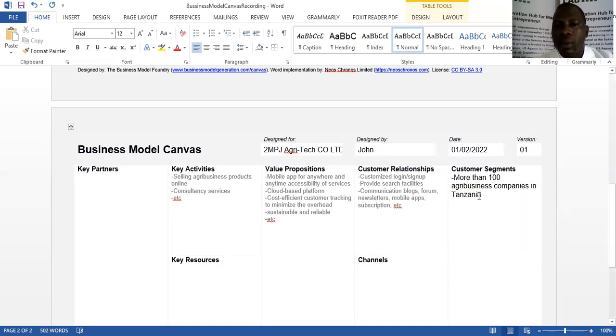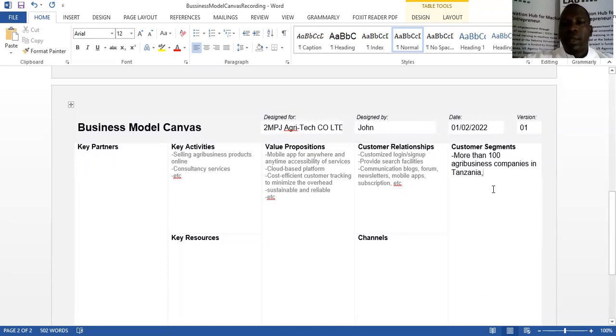So actually, we aim to identify more than 100 business companies that we will work with, so that we can know what they are doing and what value this company will add to them, because this will be linking with small agribusiness companies. But also you could think of agritech importers.